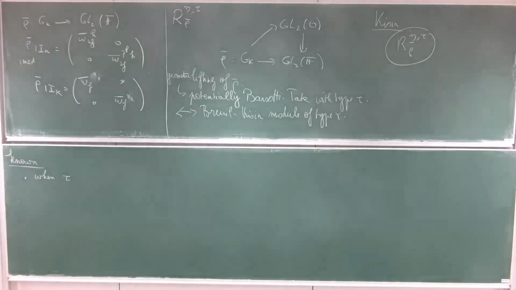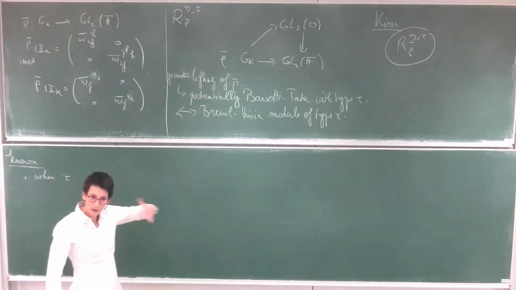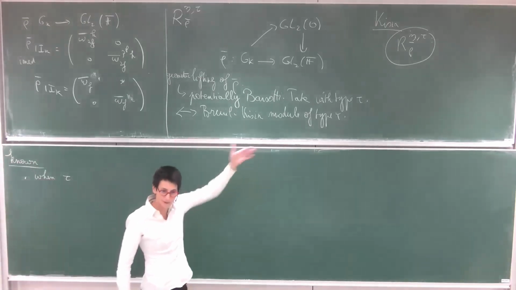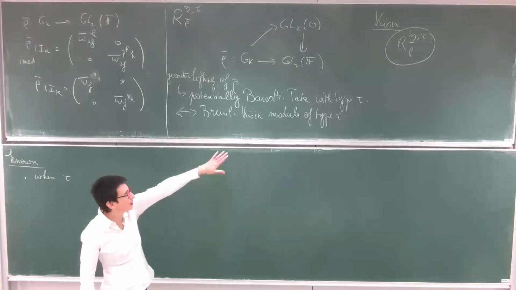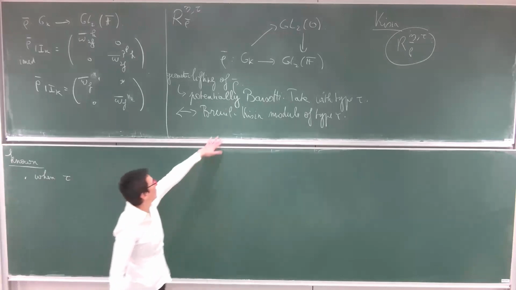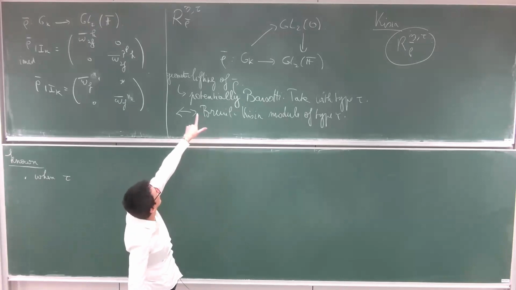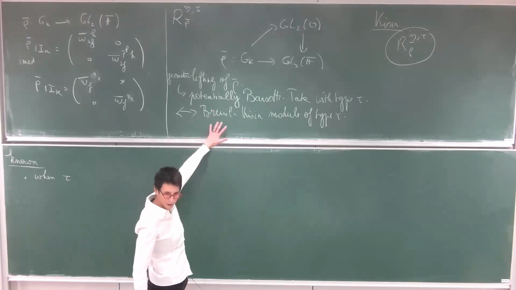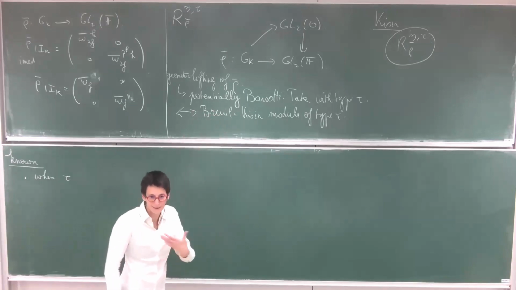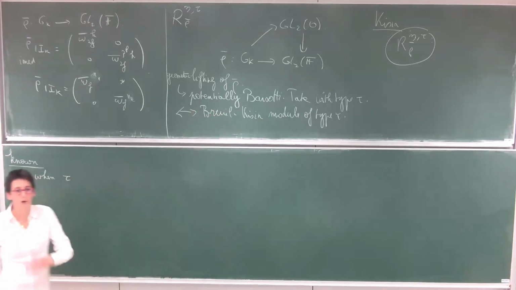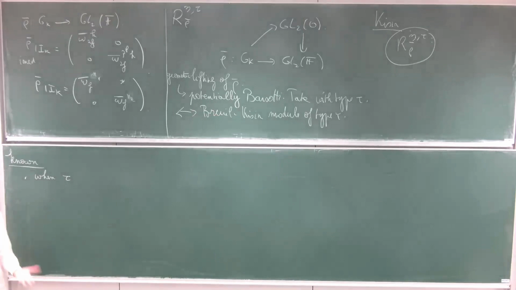Right now, I just want to say that my liftings are parameterized by tau and rho bar. Then I will explain how the representation plays a role, but I didn't show you how tau plays a role. You have to wait a little bit.